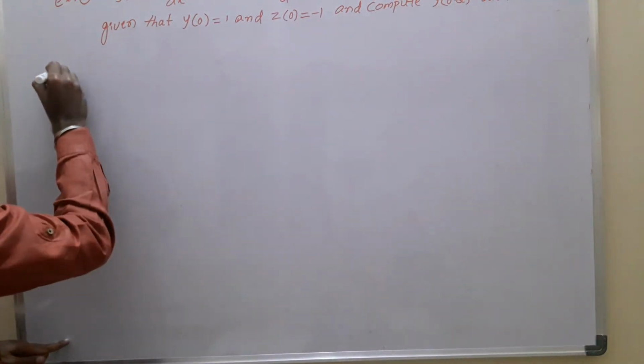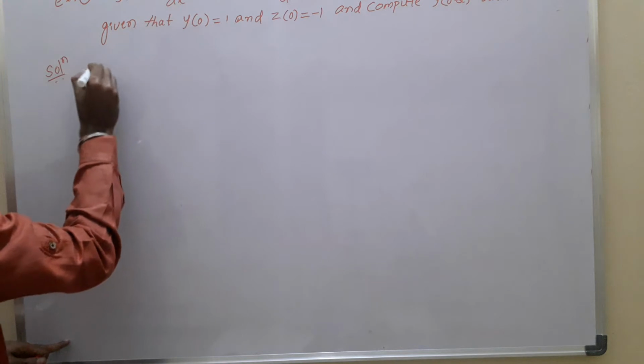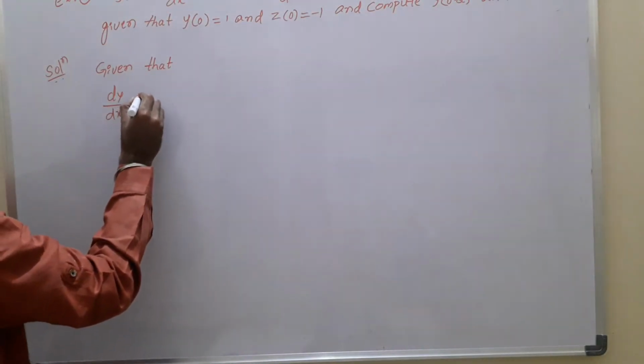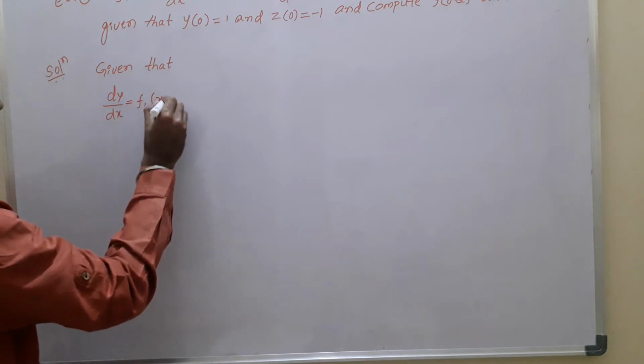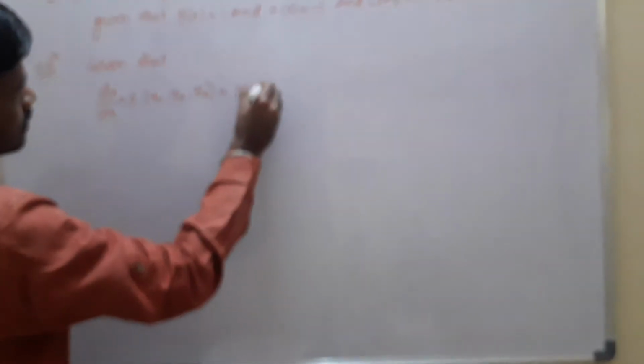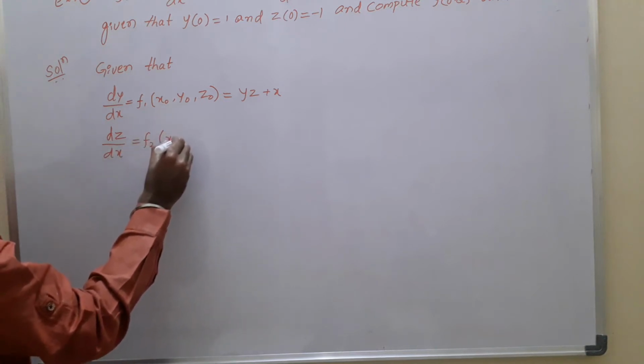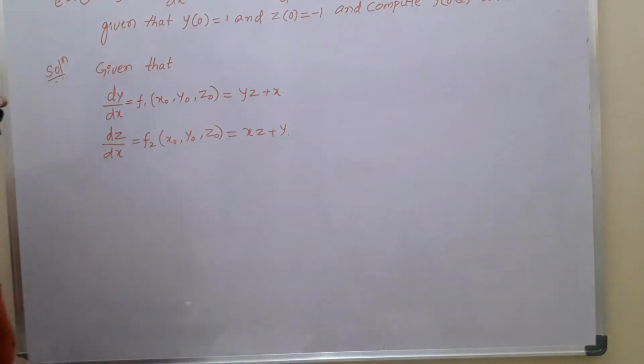So solution: given that dy by dx = f1(x0, y0, z0) = yz + x, and dz by dx = f2(x0, y0, z0) = xz + y.